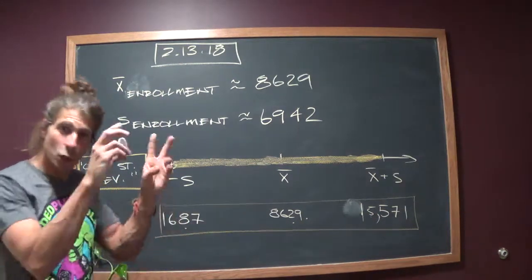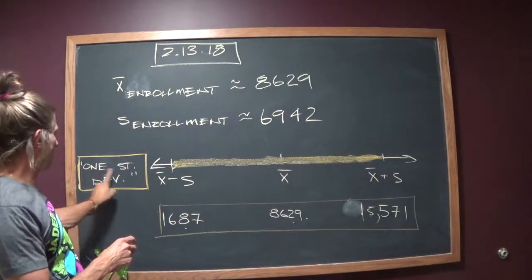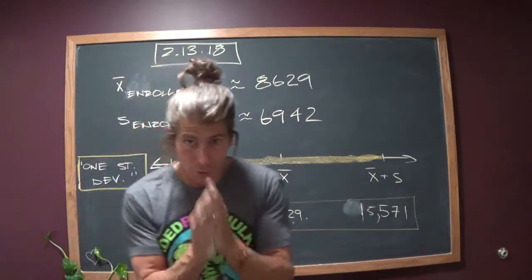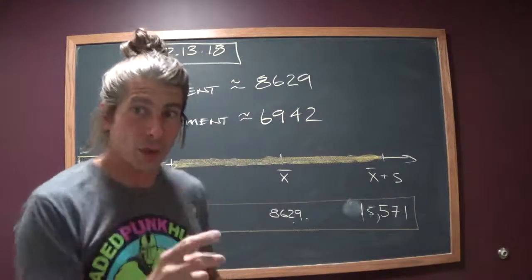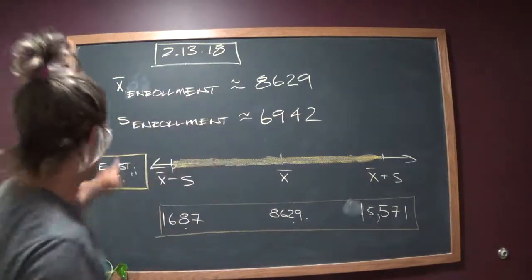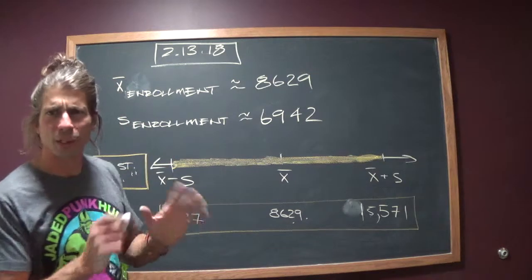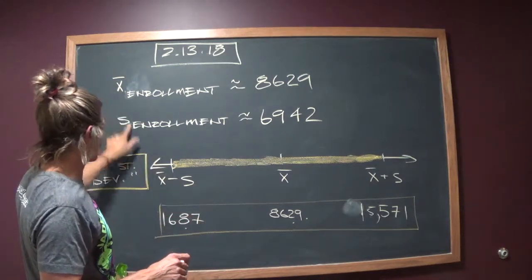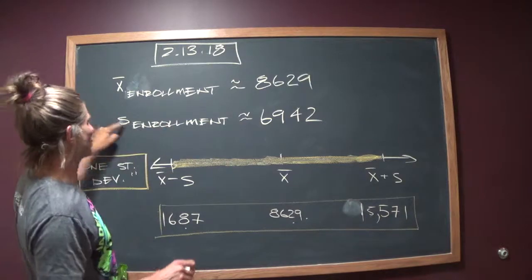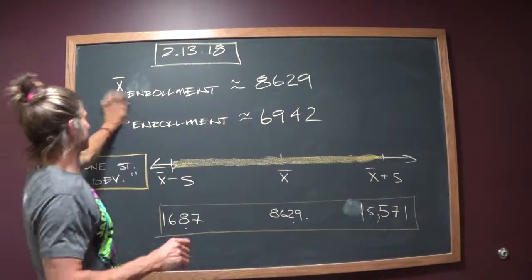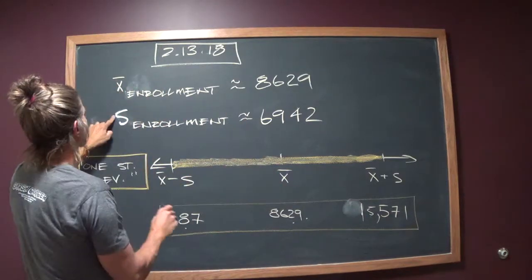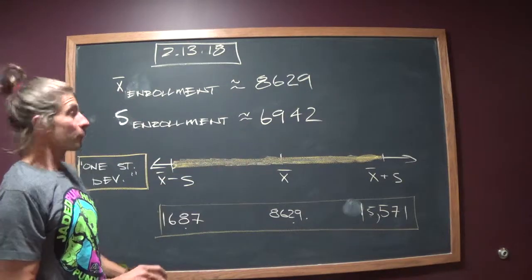What that is called, as you might remember, is one standard deviation. There is the standard deviation, which is little s. S enrollment just means the sample standard deviation of the enrollment.